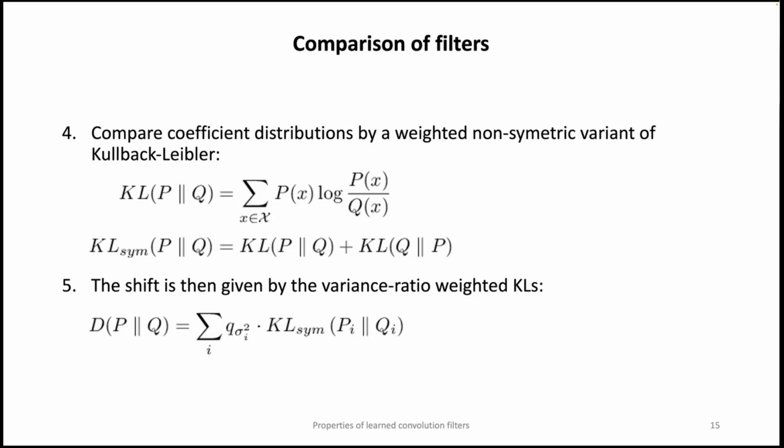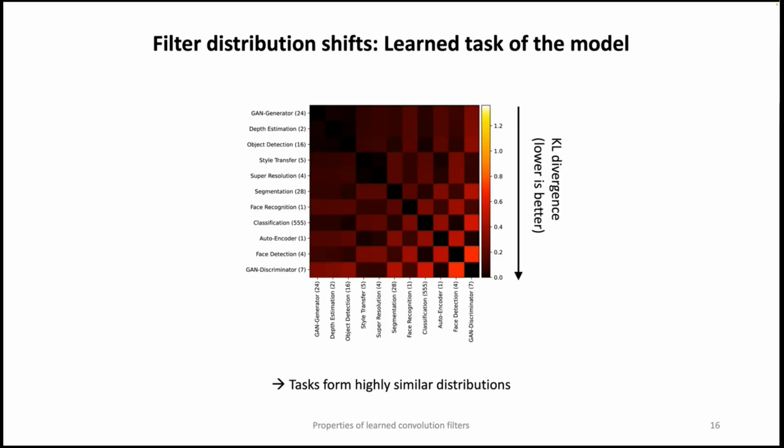So for the results, we have shown this in heat maps. Dark colors here indicate very similar distributions, and bright colors indicate very different distributions. And dark colors mean a KL divergence of 0, whereas brighter ones go towards infinity.